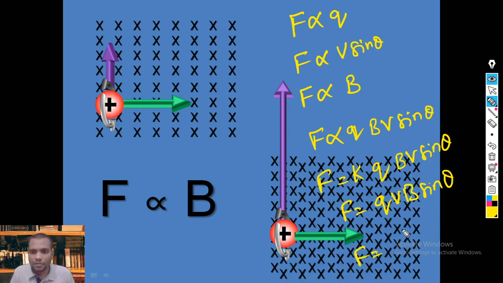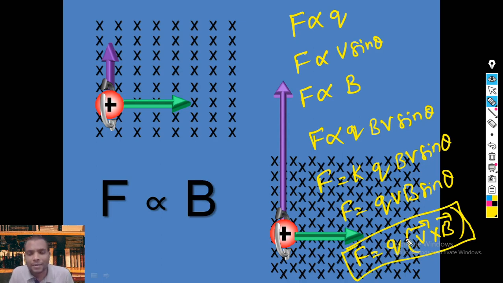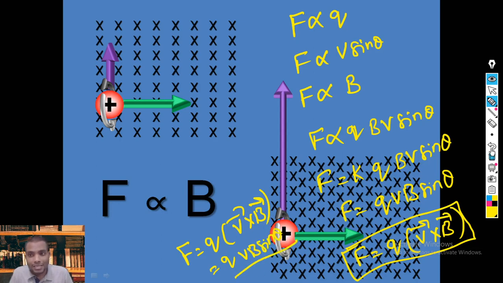For simplification, we can write Q times VB sin theta as V vector cross B vector, since velocity and magnetic field are both vectors. So the magnitude of the force on a charge in a magnetic field is F equals Q times V cross B. The cross product gives us VB sin theta, where theta is the angle between the velocity of the charge and the magnetic field.